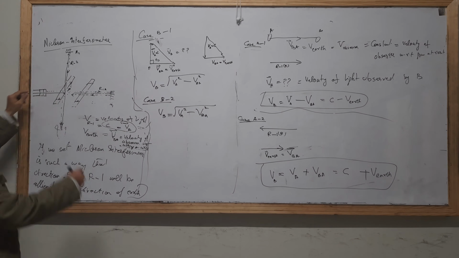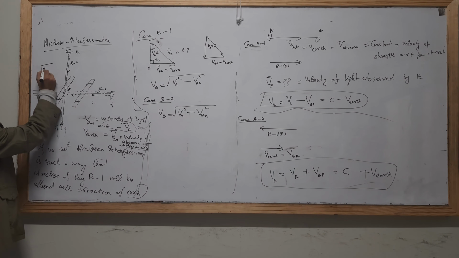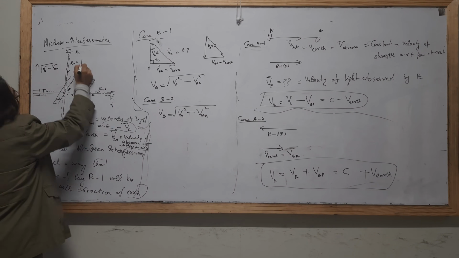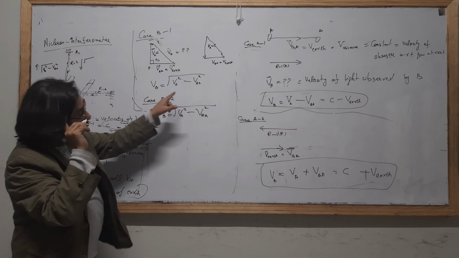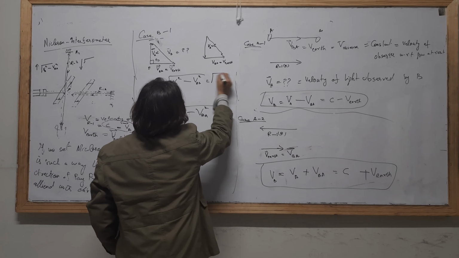For upward, this will be the square root of VA square minus BA square. For downward it will also be the same. Sorry, we have to put in the values. That's wrong.